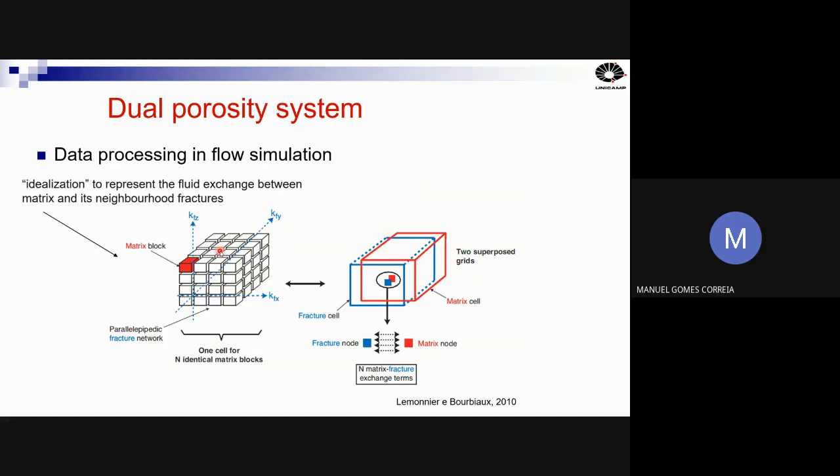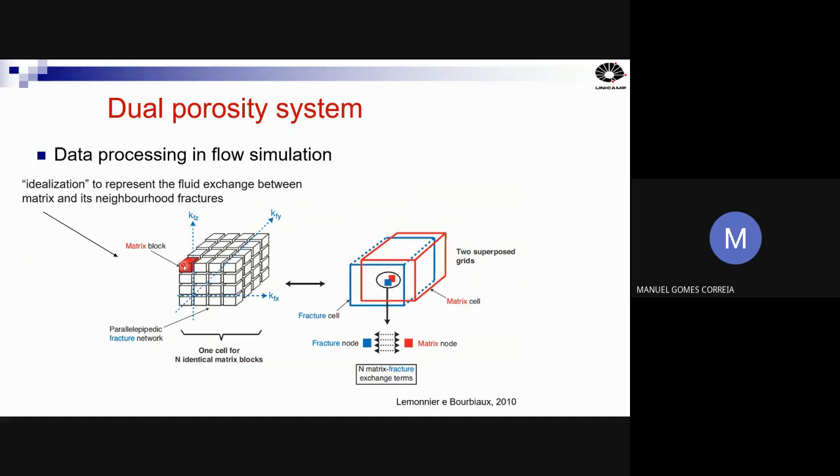So you can input a very heterogeneous fracture network and the simulator will gonna see it like this. However, you don't see in a flow simulation this sugar cube that is also called in bibliography. You only see this, but this is how the mathematical transformation, this is how the simulator sees your matrix to fracture fluid transfer, okay?